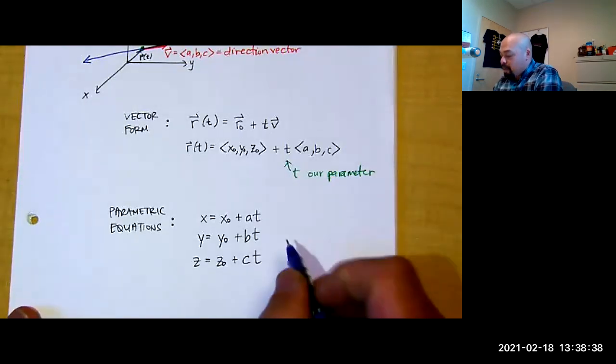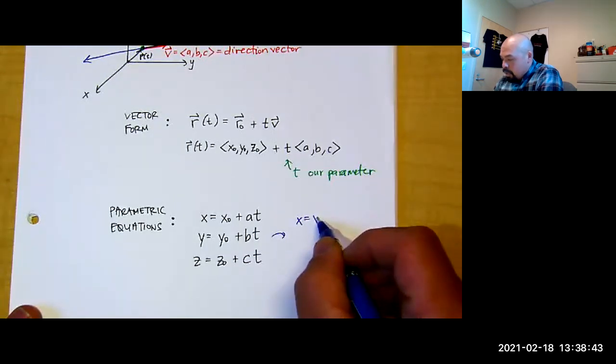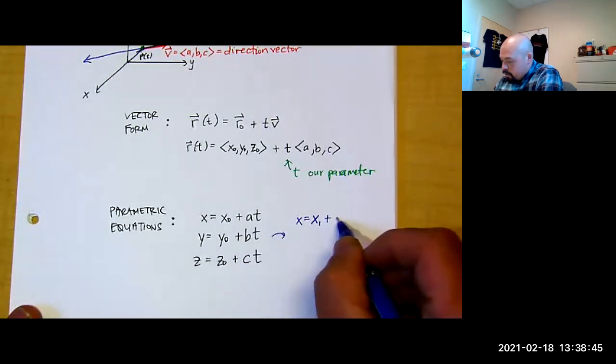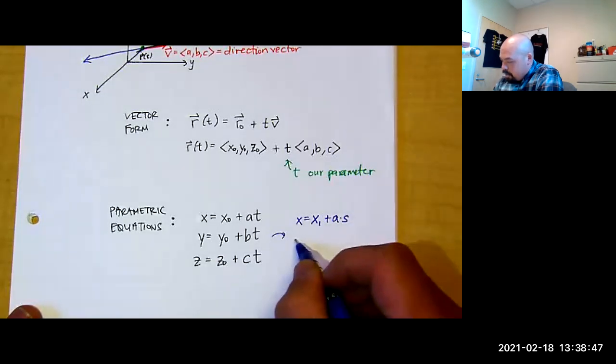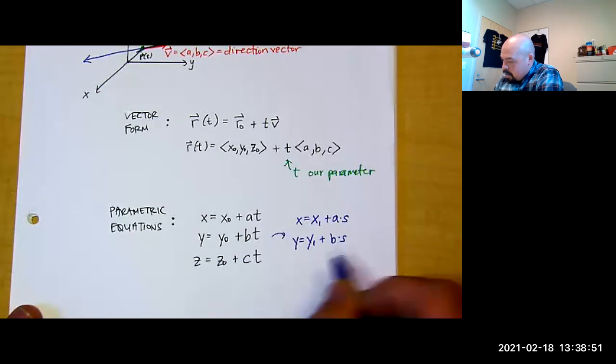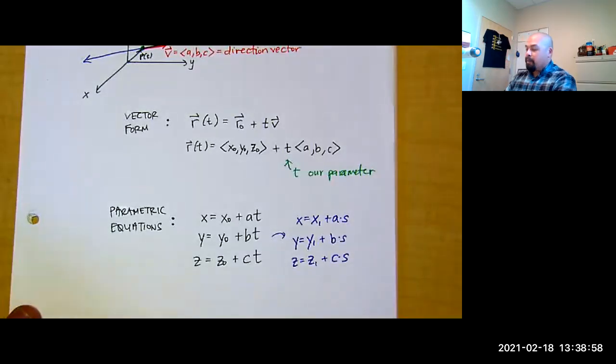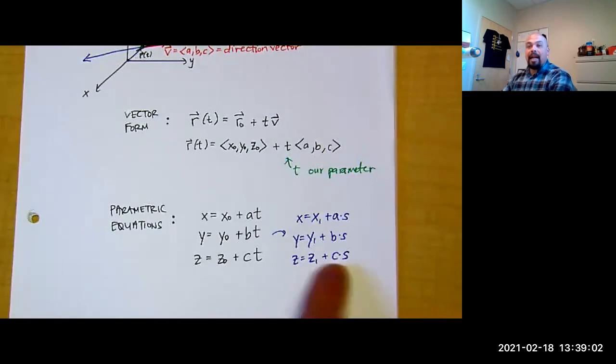We can have the same line using a different point with a different parameter even, following that same direction. Maybe the initial point is different, and that parameter, how quickly we're, or how much space we're putting between those points, might be different.